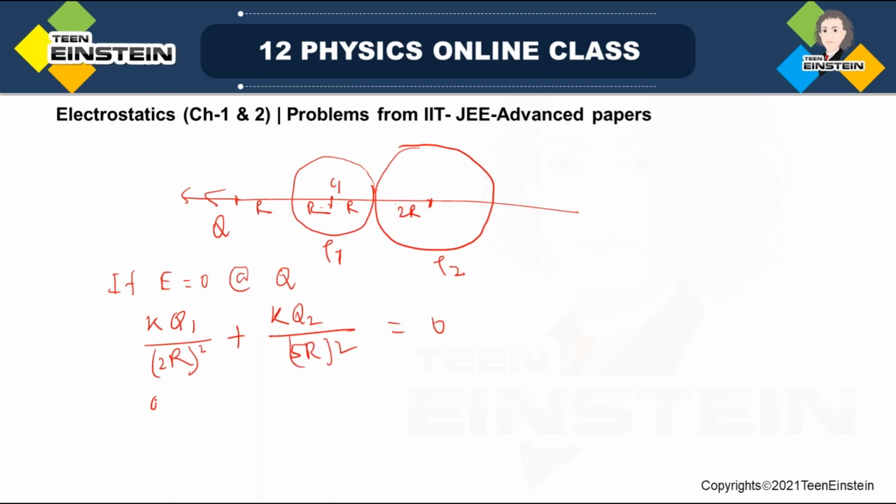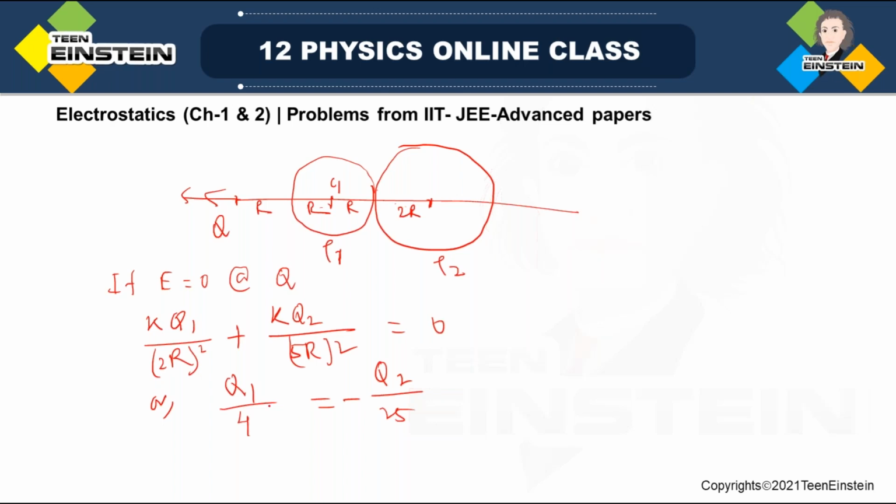This is equal to 0. So I can write Q1 by 4r square, and this is Q2 by 25r square with the minus sign. Again, you can just cancel them out.